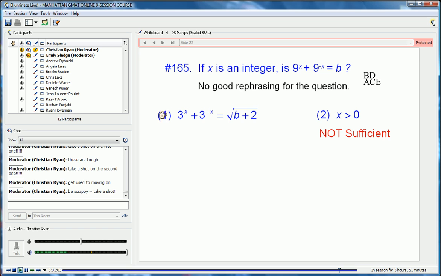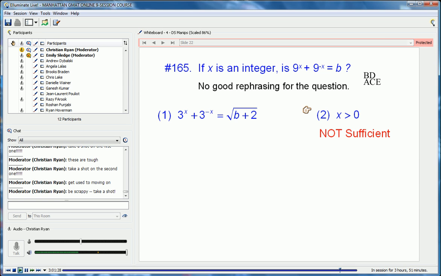And statement 2 doesn't really add to statement 1 at all. Just knowing that x is greater than 0 doesn't really add anything to statement 1. In fact, because I've got an x and a minus x in there in similar positions, it really doesn't restrict the statement at all once I've added 2 to it. So C can't really be the answer.